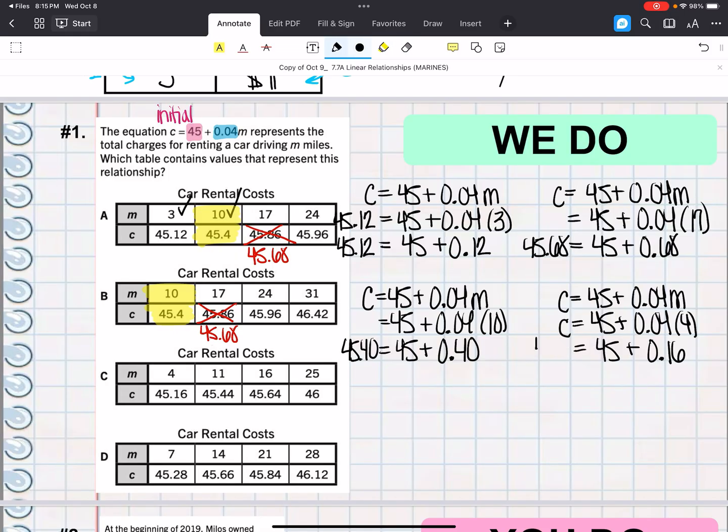So when m is 4, C should be 45.16, and that is correct. Now we can try 11. Same equation again. You're replacing m with 11 this time. 11 times 4 cents gives me 44. That does equal out.